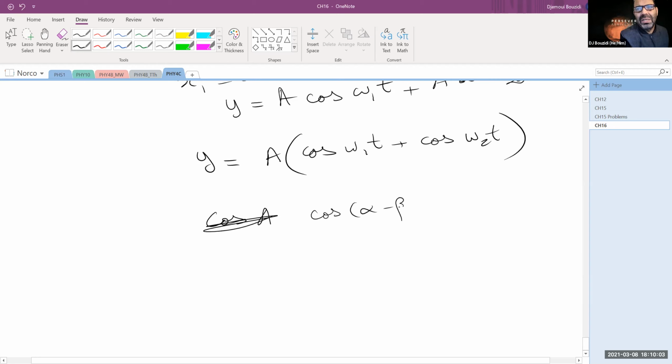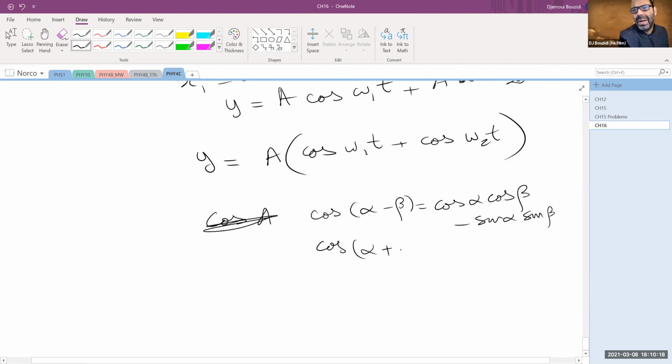Cosine of alpha minus beta is equal to cosine alpha cosine beta plus sine alpha sine beta, and also cosine of alpha plus beta. Oh, I'm sorry, I forgot my trig identities again. It's cosine alpha cosine beta minus sine alpha sine beta, okay?